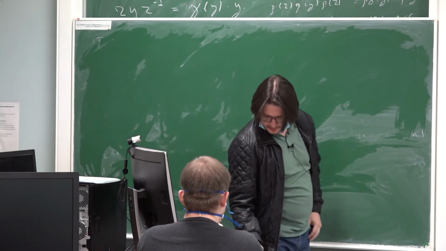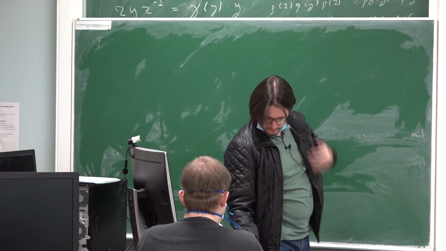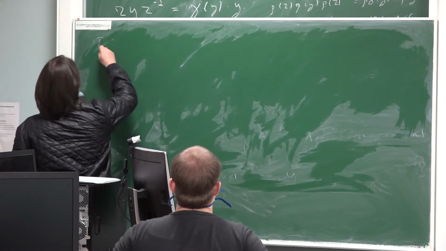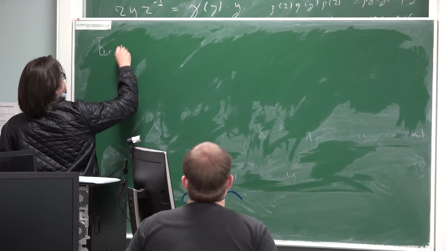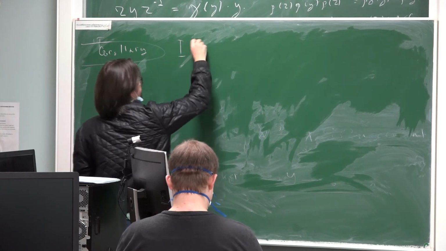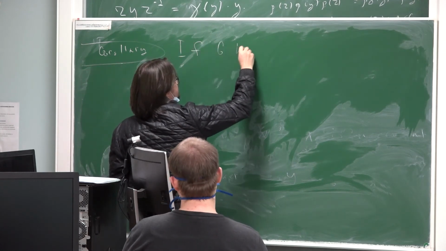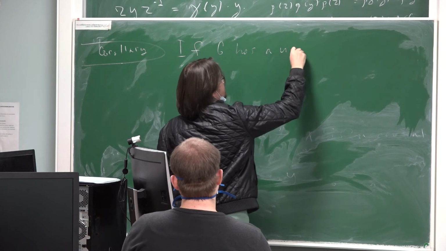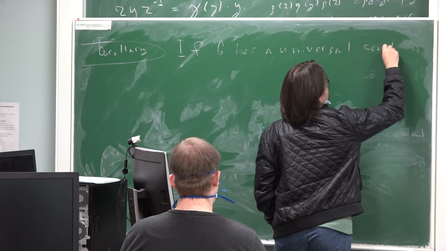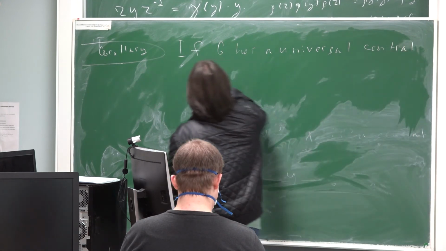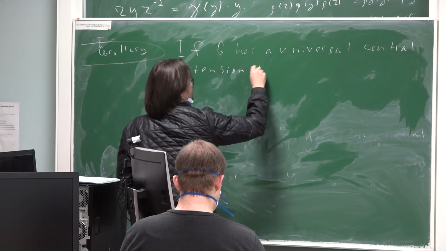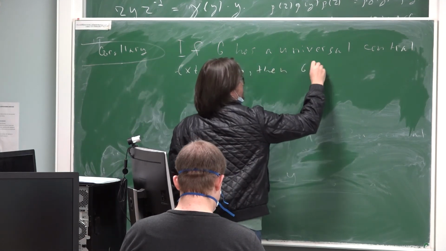So now we have a corollary. Let's say that if G has a universal central extension, then G is perfect.